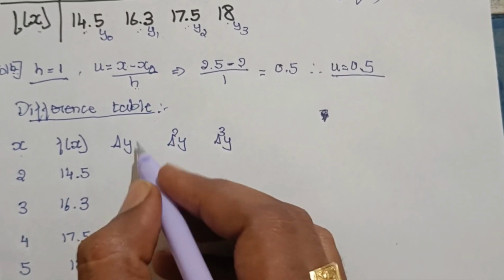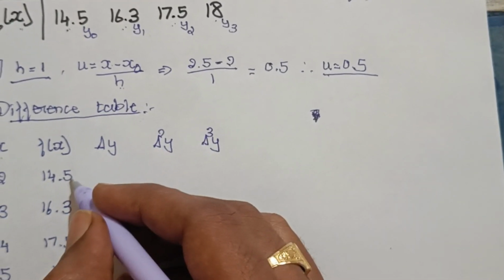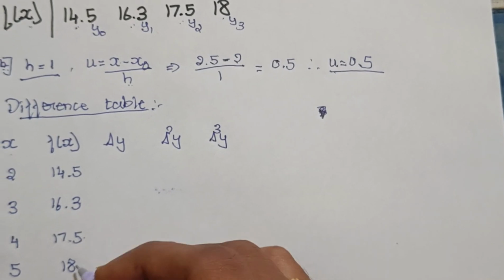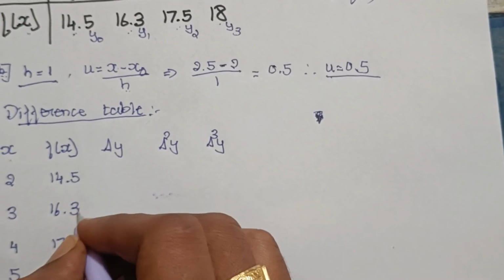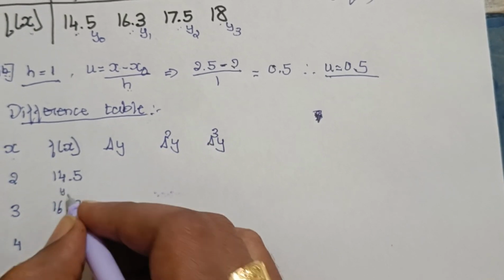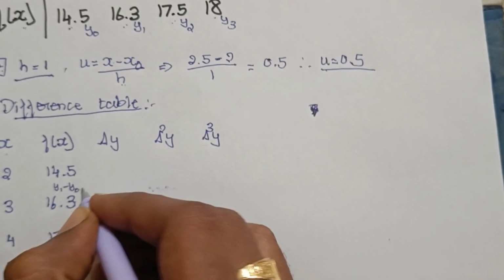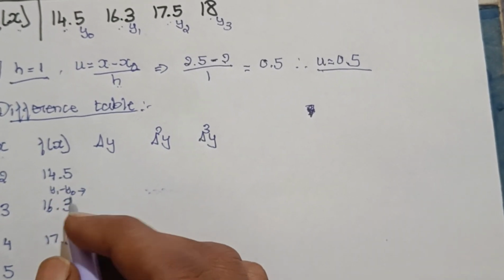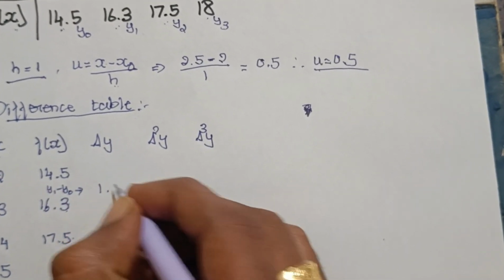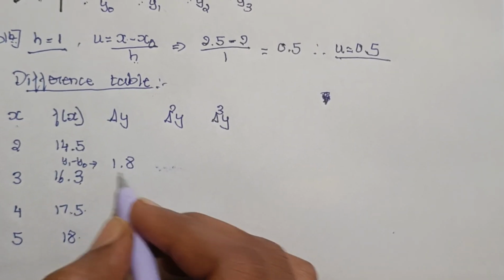Next, to find the delta y, this is y0, y1, y2 as well as y3. Now to find the delta y, we have to subtract y1 minus y0. This gives us 16.3 minus 14.5. The value is 1.8. This is delta y0.